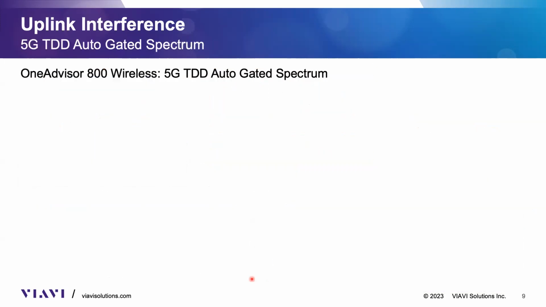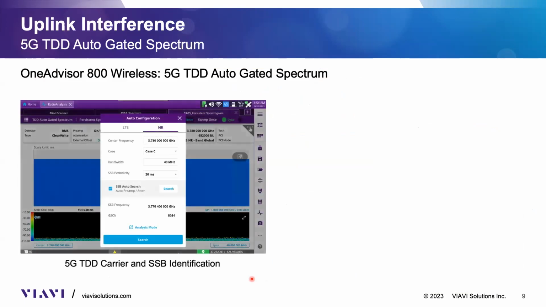Sounds good. Okay. So as I mentioned, what's the best way to find those flexible slots, or flexible symbols to be more precise, automatically? We have actually implemented that capability.